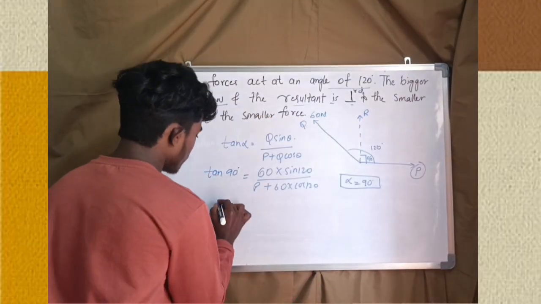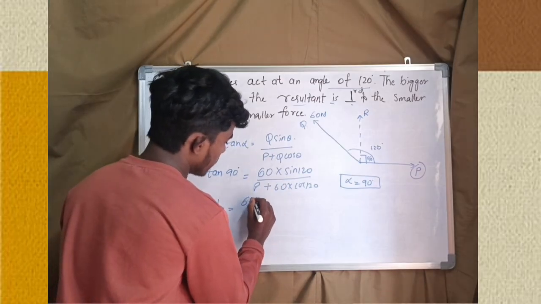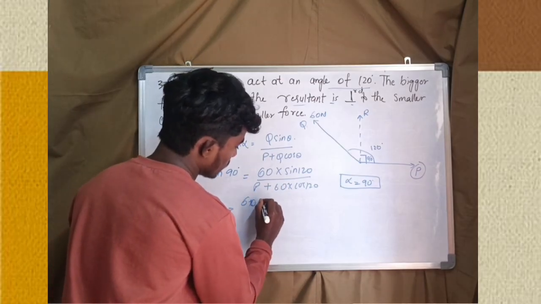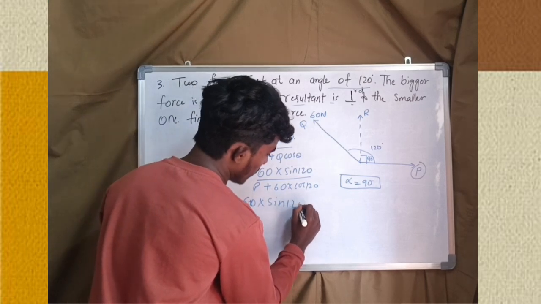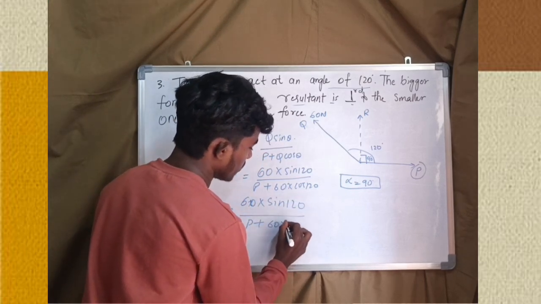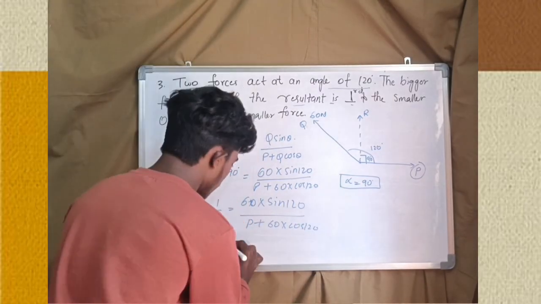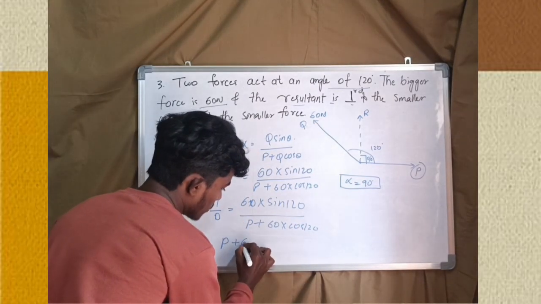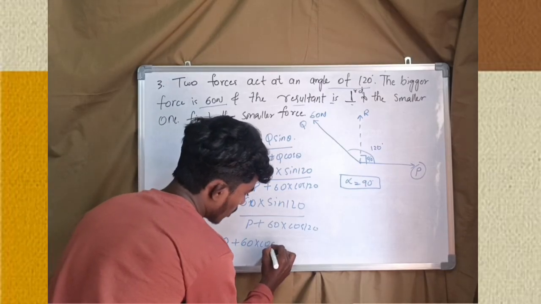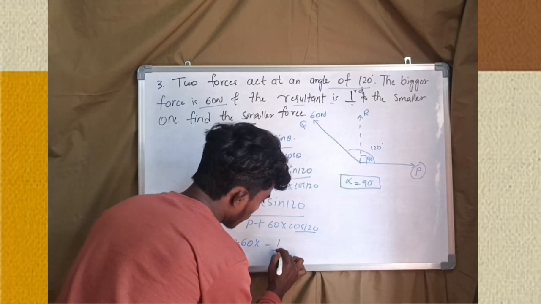The value of tan 90 is 1 by 0 equal to 60 into sin 120 divided by P plus 60 into cos 120. By cross multiplication, we get P plus 60 into cos 120 equal to 0. The value of cos 120 is minus 1 by 2.